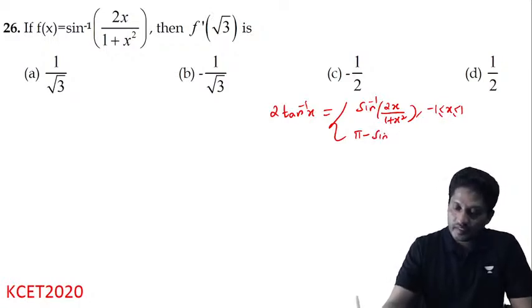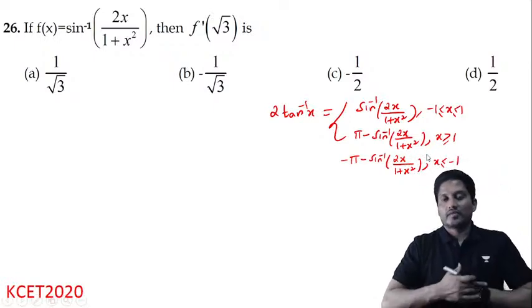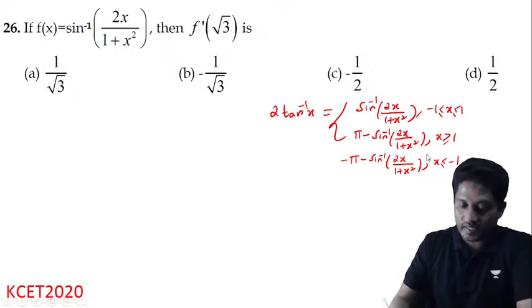This is pi minus sine inverse of 2x divided by 1 plus x square if x is greater than or equal to 1, minus pi minus sine inverse of 2x by 1 plus x square if x is less than or equal to minus 1.